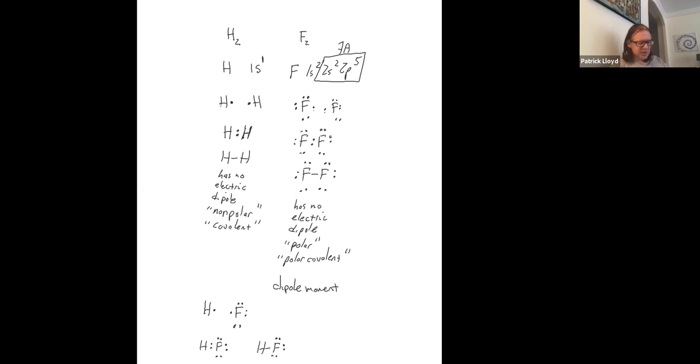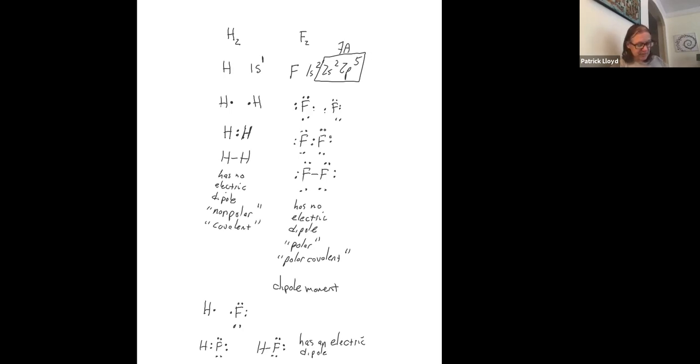It turns out this molecule has an electric dipole moment. Oops, sorry, I almost put moment in there. Electric dipole, okay? You can call it electric dipole moment, that's fine. Sounds fancier. It has an electric dipole moment.